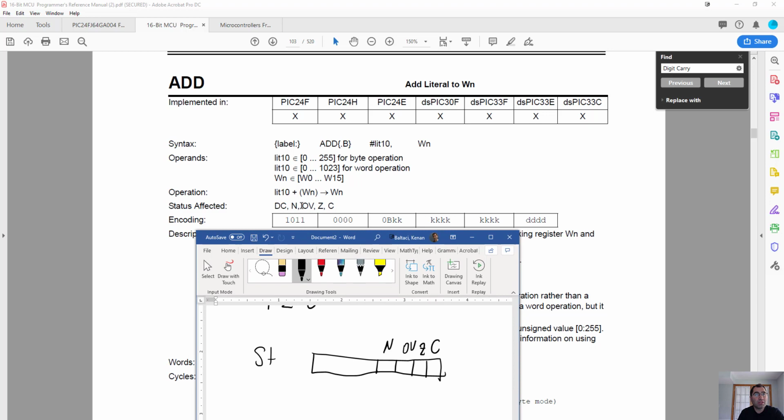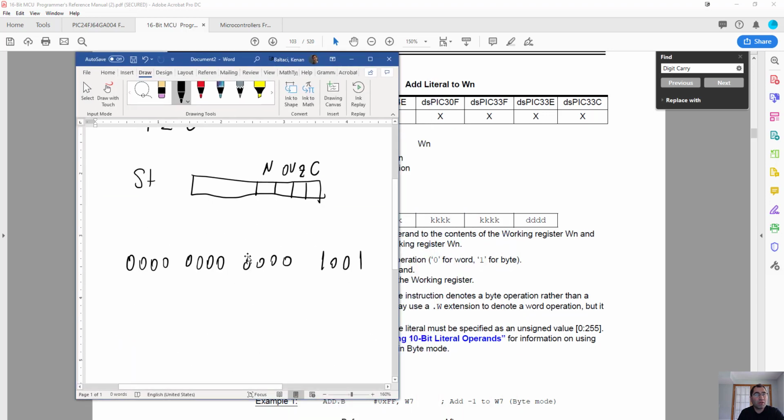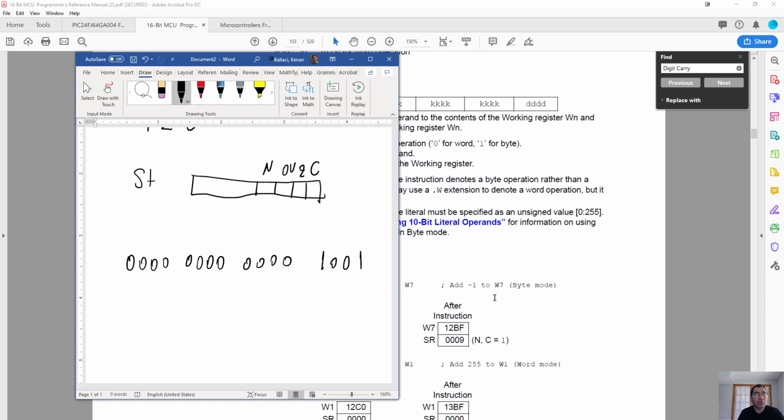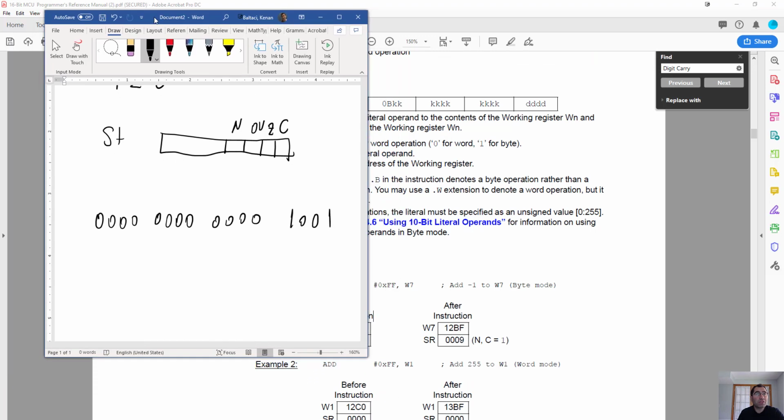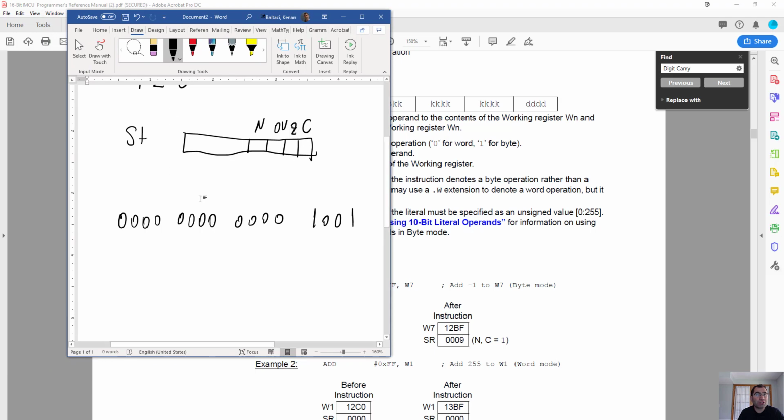You can see here DC, N, OV, Z and C, right? So if they were 0 before, they are going to remain 0, and we know that because we know the status before. But after execution of the instruction, it seems like the negative flag and carry flag are raised, and overflow and Z were not raised. Let's try to understand that.